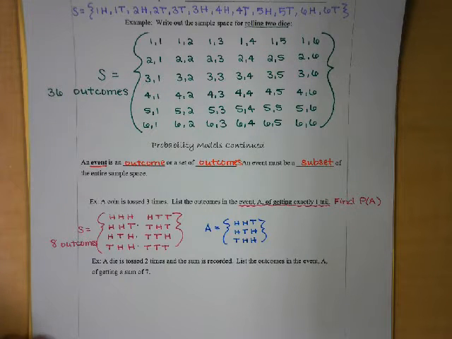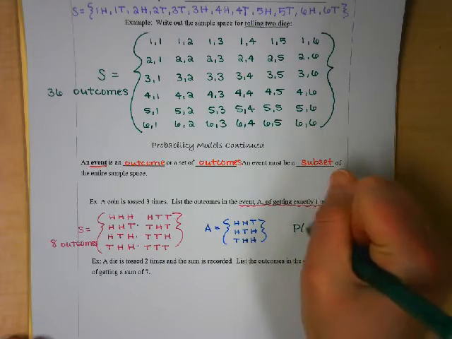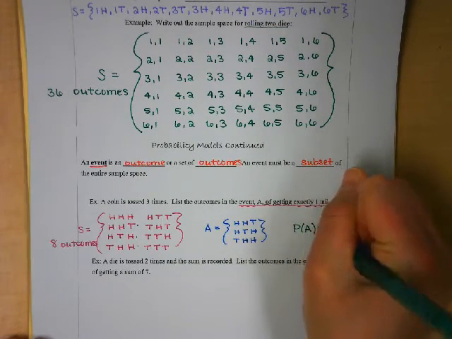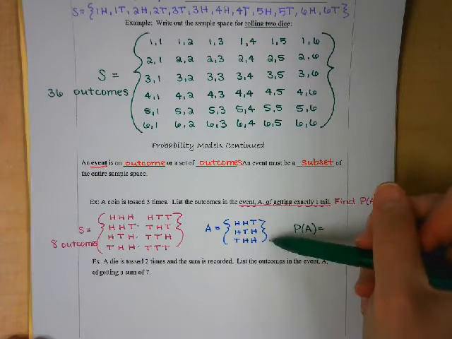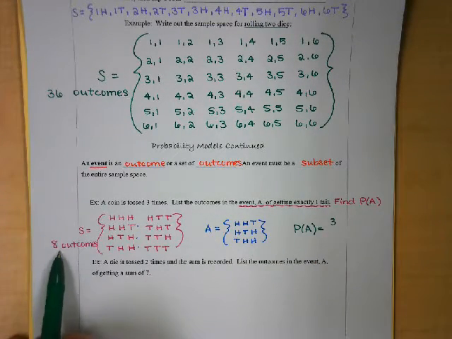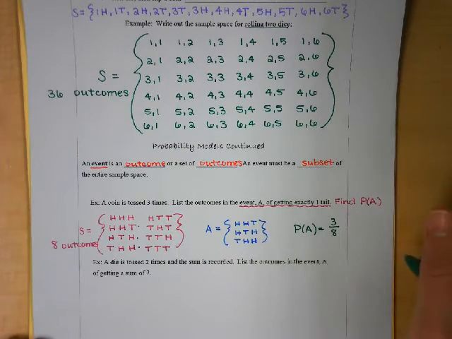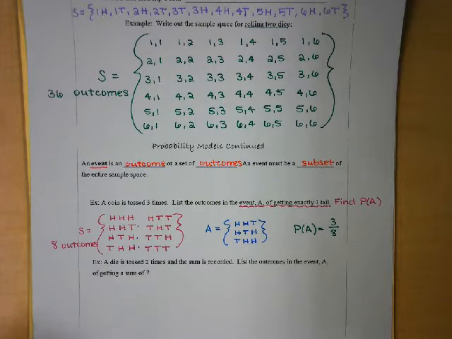So there's 3 ways that event A would happen. So when we find the probability of event A, we know there's 3 ways that A happens, and there are 8 total outcomes. So there's 3 ways to get one tail out of 8 different outcomes. Now, I think I said this yesterday, but I can't remember, probabilities tend to be written as decimals.